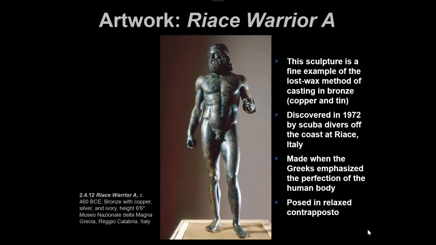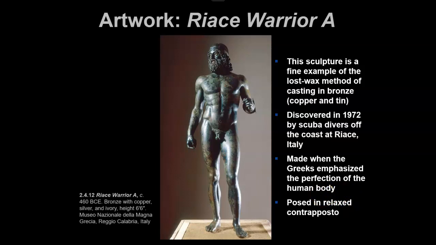For example, here in this piece, this is the final sculpture. But it was entirely made out of wax and then cast in bronze. In order to do that, they created the piece in wax, and then put a covering over that wax, and then put it in the kiln.